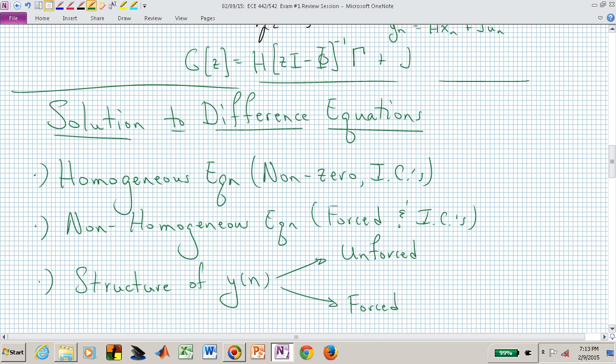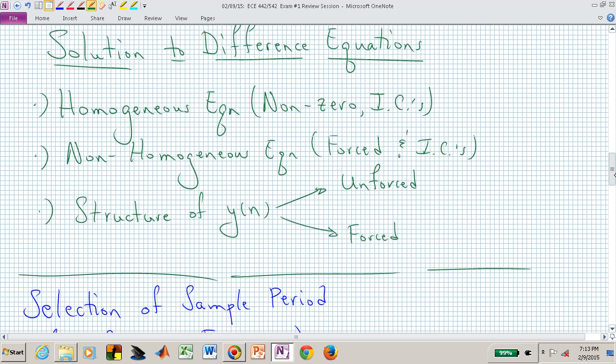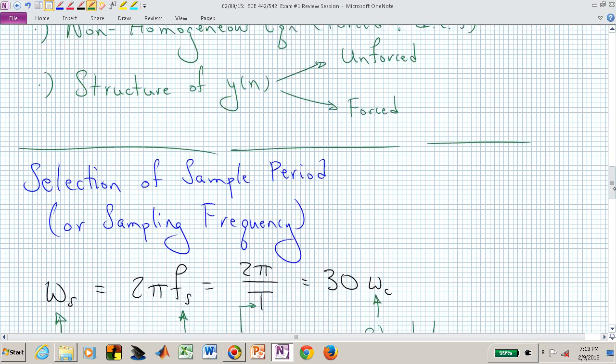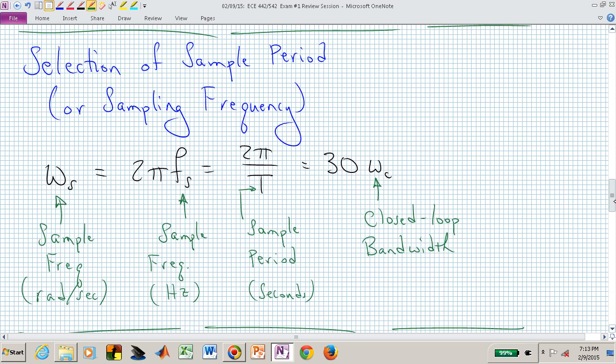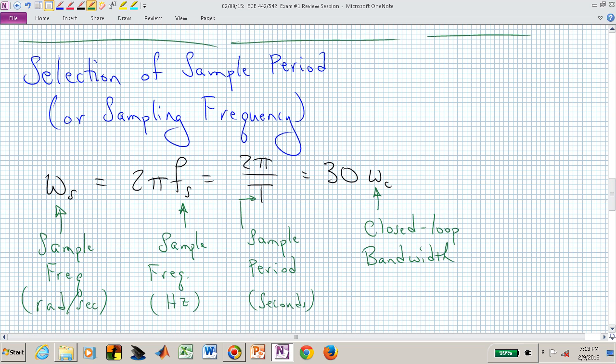So we'll talk about how you could find the structure of y of n for a forced or unforced. I hope this comes as no surprise to you as far as picking a sample period or a sampling frequency.